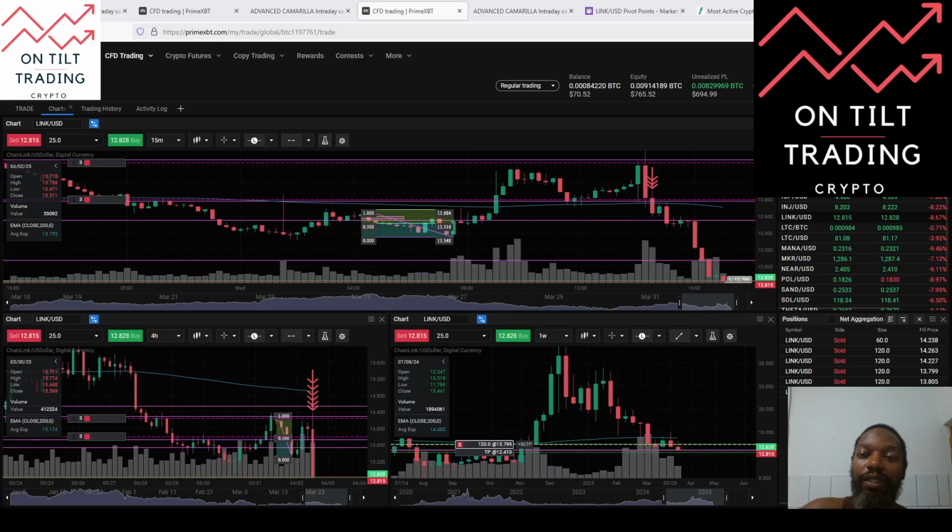It engulfs this whole candle here, but it also forms a market structure shift as it takes out this strong low here. Based on the numbers, this strong low was 13,71x, and this candle comes in at a low of 13,706.